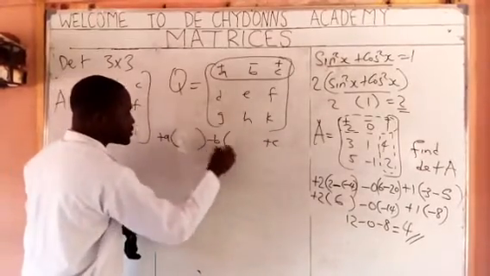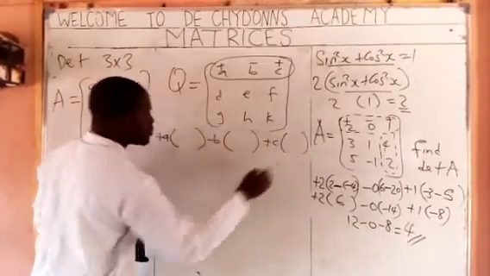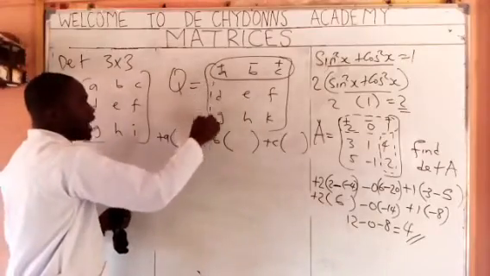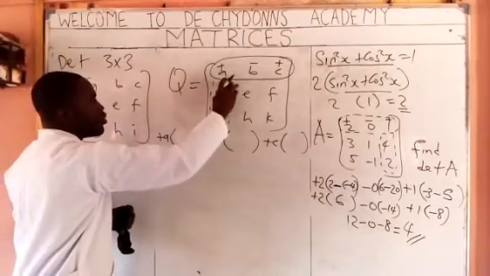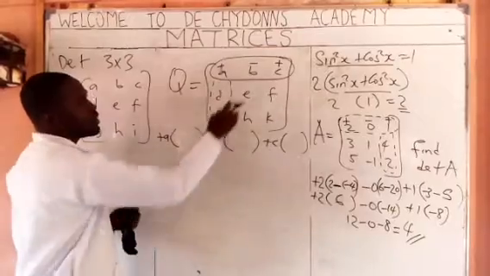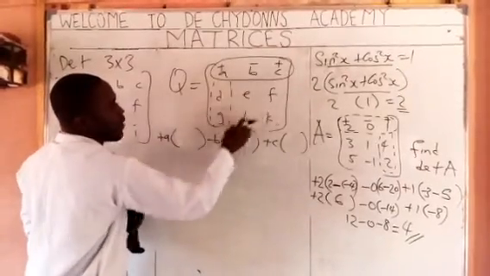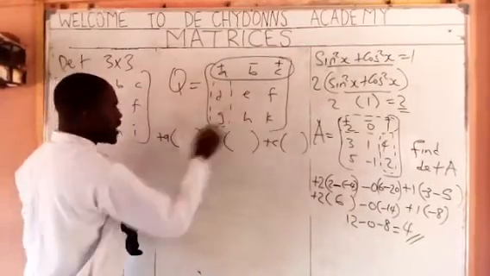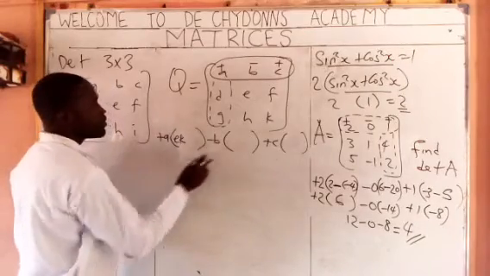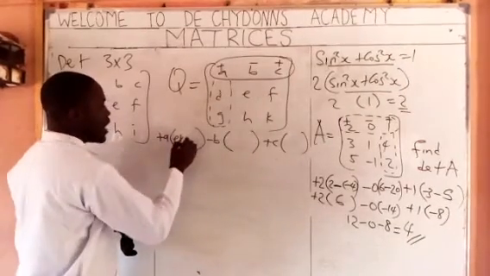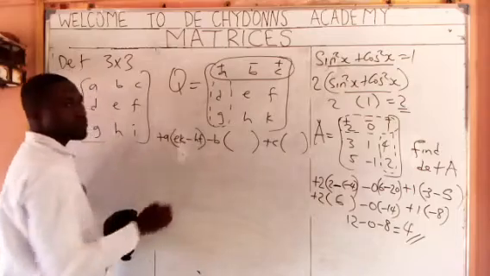Then you bracket. Now, take the first column. Once you take the first column, get the determinant of the 4 elements that will appear. E times K, EK. H times F, HF.